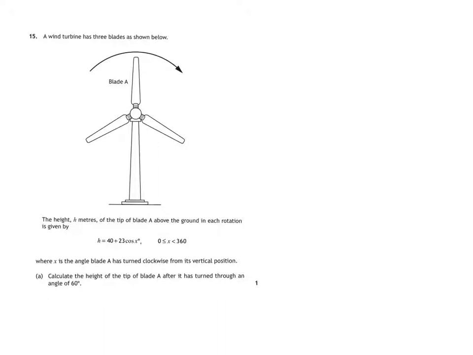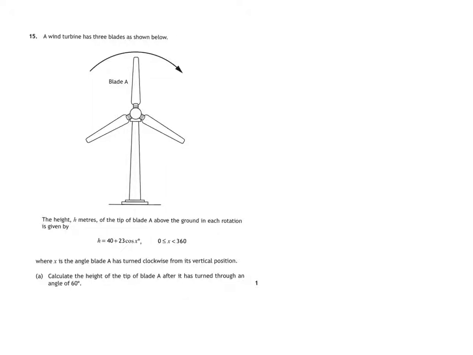Okay, number 15. A wind turbine has 3 blades as shown. The height, h metres, of the tip of blade A, there's blade A, above the ground in each rotation is given by h equals 40 plus 23 times the cosine of x, where x is between 0 and 360. x is the angle the blade has turned in a clockwise direction from its vertical.